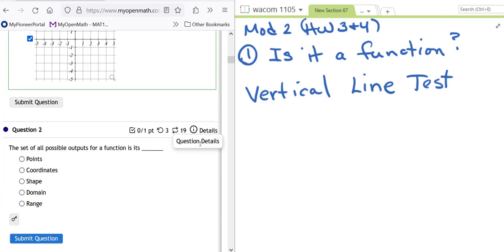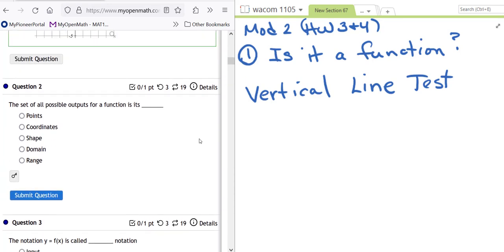Right. The next question says the set of all possible outputs for a function. Your function has things that go in and things that come out.